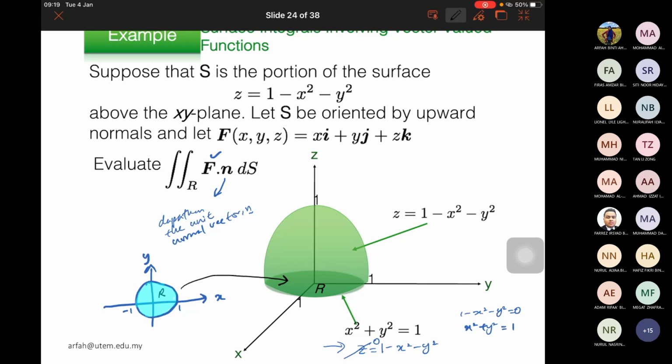So, to get the unit normal vector, we will take, what is it called? The unit normal vector. Okay. So we want to get the unit normal vector.